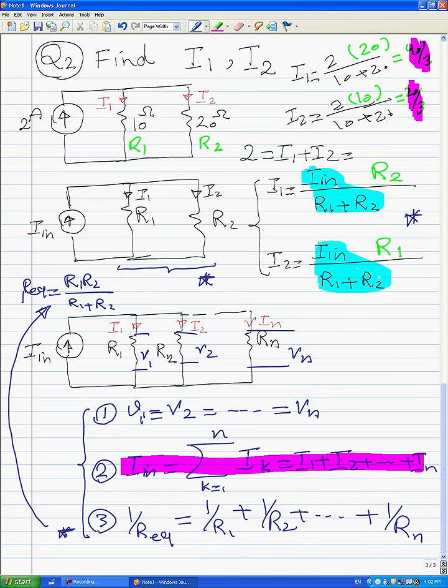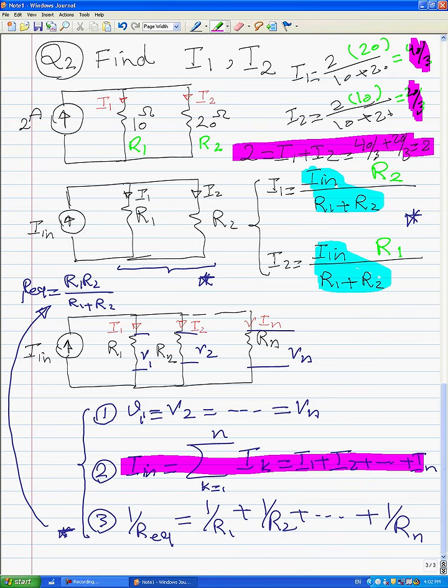You can see our answers are right, because 40 over 3 plus 20 over 3 is equal to 2. That's why we were in the right direction to solve this question.